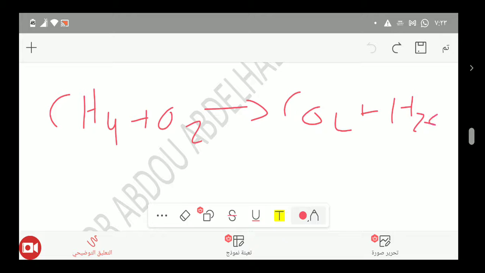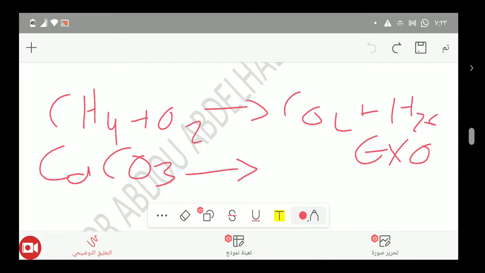This is an exothermic reaction. And remember the endothermic reaction, for example, the thermal decomposition of all carbonates, such as calcium carbonate, which gives calcium oxide plus carbon dioxide.